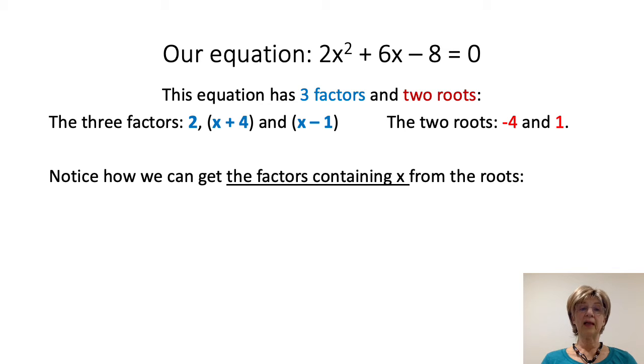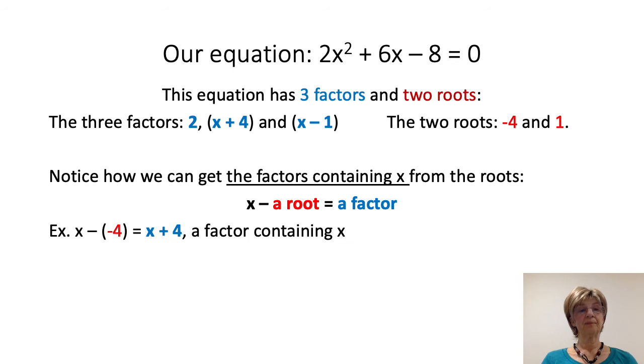Notice how we can get the factors containing x from the roots. X minus a root equals a factor. For example, x minus minus 4 equals x plus 4, which is a factor containing x.